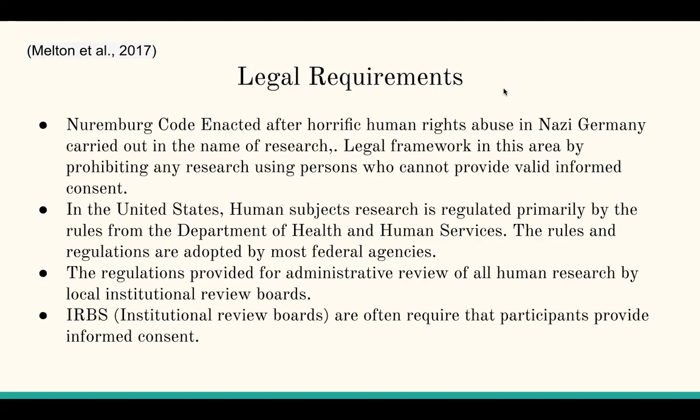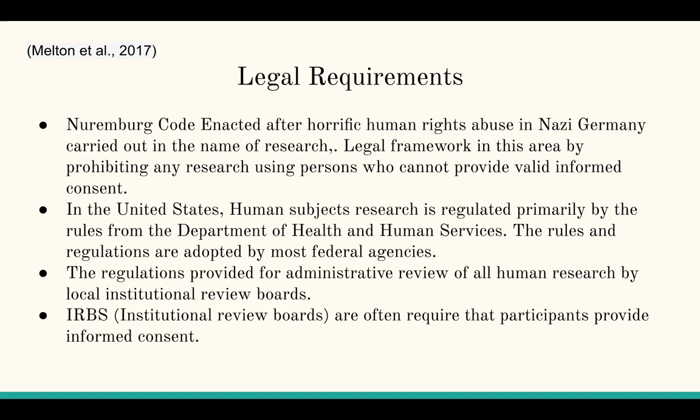Legal requirements. As stated in Melton's book, the Nuremberg Code was enacted after a horrific human rights abuse in Nazi Germany, carried out in the name of research. It set a legal framework in this area by prohibiting any research using persons who cannot provide valid informed consent.